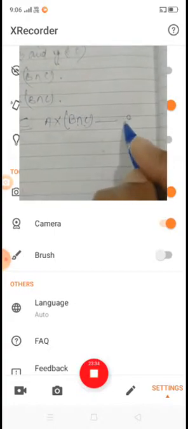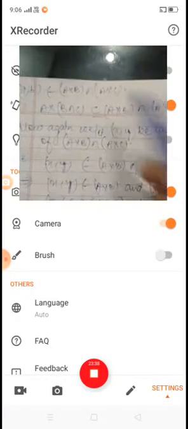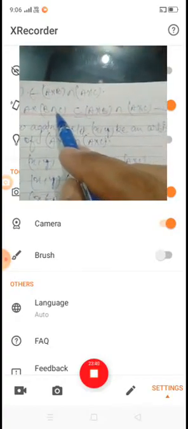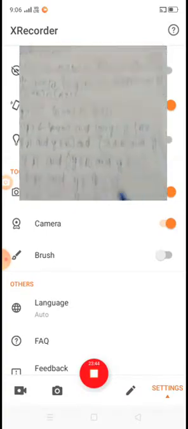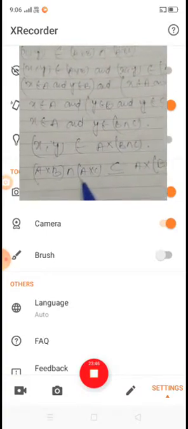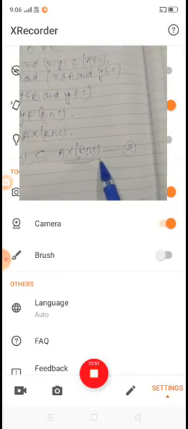Take equation number 2. Okay, in the first condition we have to show that A × (B ∩ C) is a subset of A × B and A × C, and here we have to show that (A × B) ∩ (A × C) is also a subset of A × (B ∩ C).